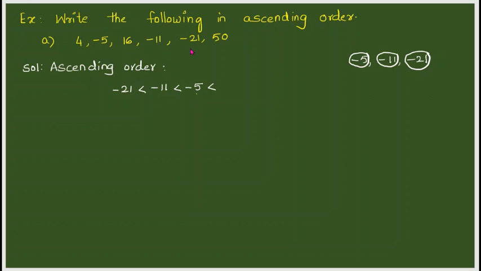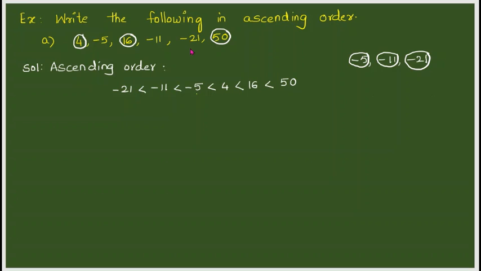Now let us come to the remaining positive integers. What are the positive integers? 4, 16 and 50. You know very well how to write whole numbers in ascending order. So here the smallest one is 4. 4 is less than, the next smaller after 4 is 16, 16 less than, and last 50. So this is the ascending order.